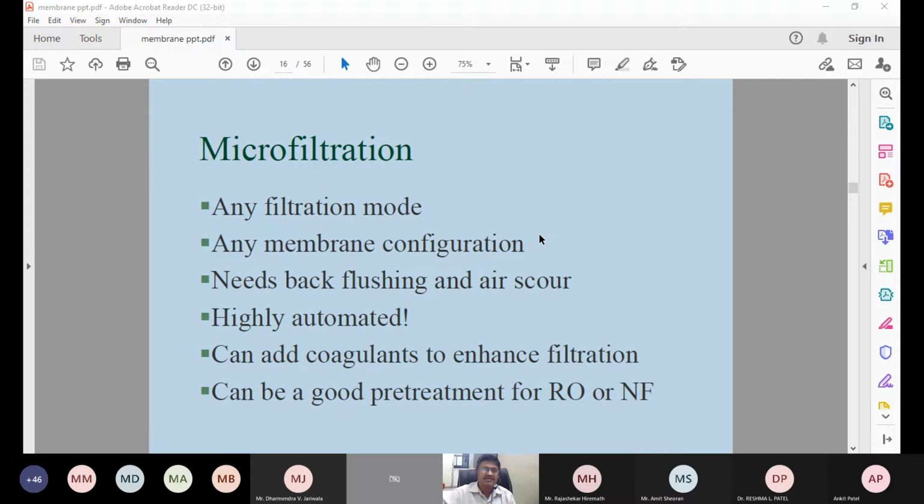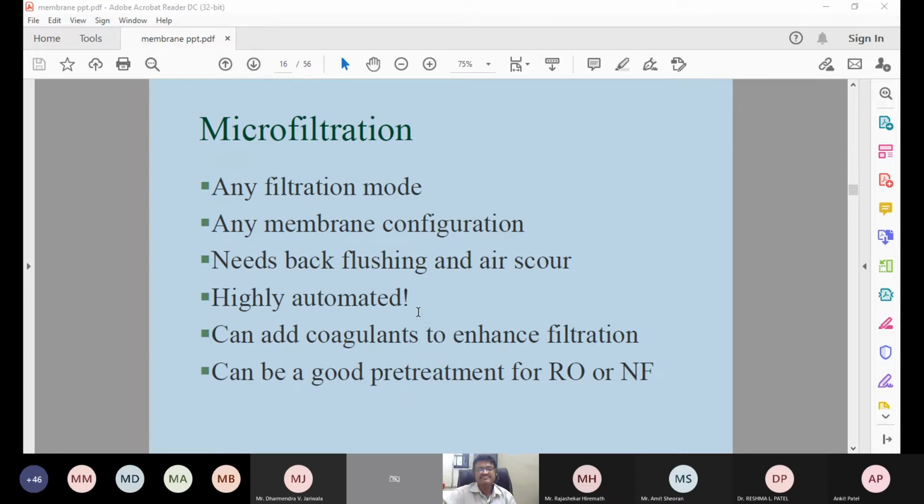So if you directly feed into the RO system, in no time it will be clogged. Therefore we use microfiltration first as a pre-treatment, and then we supply to the RO system. In our house, first there is that white casing, in that the microfiltration is there, and then it is fed inside your system, where the RO membrane is.